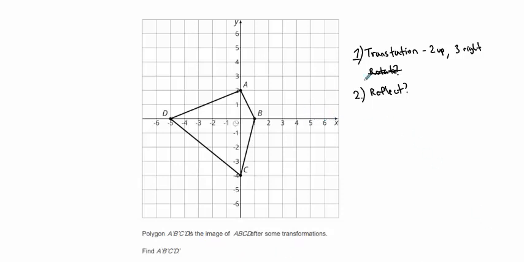Okay, so let's talk about the reflection. The only thing we need to know is where the line of reflection is. They might say the line of reflection is the y-axis, or the x-axis. It reflects over the x-axis.